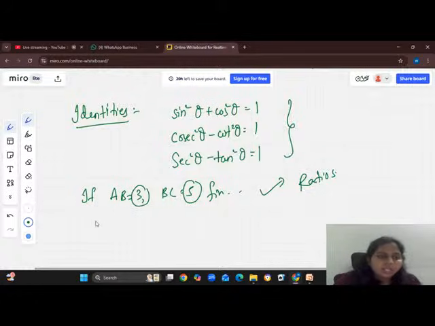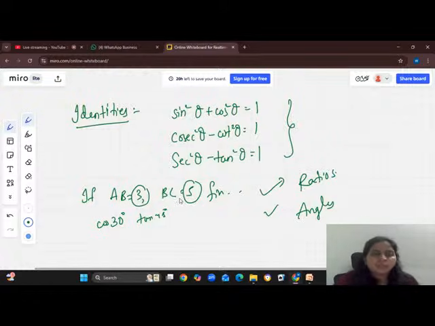If you see angle values like cos 30, tan 45, go with the angles table. And coming to the identities, most of the time they will ask you proof questions. Prove root of 1 minus tan theta divided by 1 plus tan theta equals 1. In this type of proof, we will most probably be using these identities.